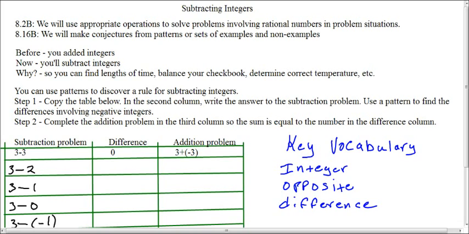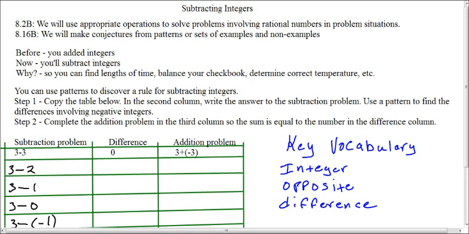Okay, so let's take a look at this particular table that they're asking us to complete. So we see the subtraction problem, and they're giving us example 3 minus 3, and they say the difference is 0. And an addition problem that's similar to that is 3 plus a negative 3. Now let's take a look working out the second one.